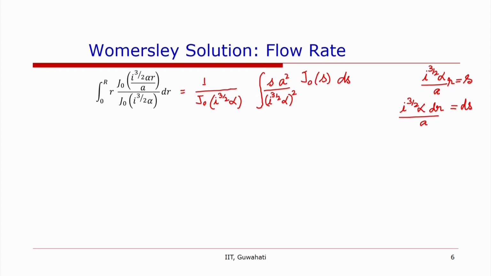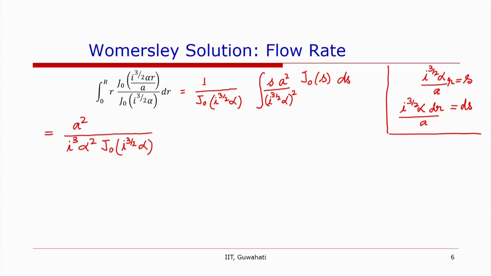Now all this is independent of s, so we can bring this here and this will be A square over i cube alpha squared J 0 of i raised to the power 3 by 2 alpha. We need to also work out the limits.